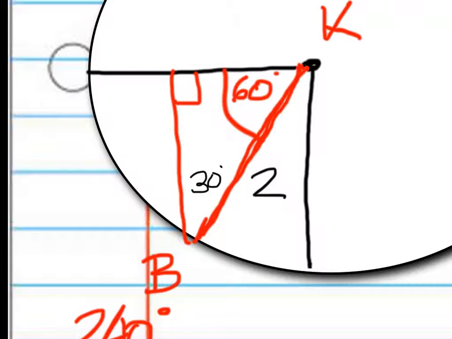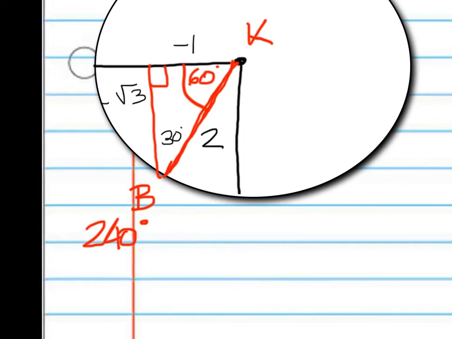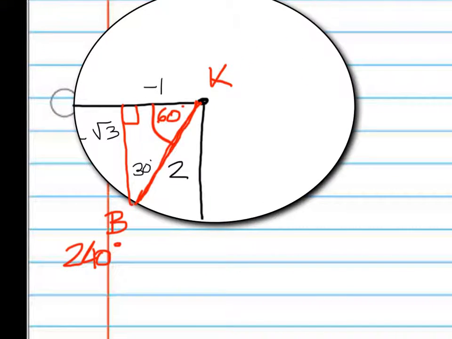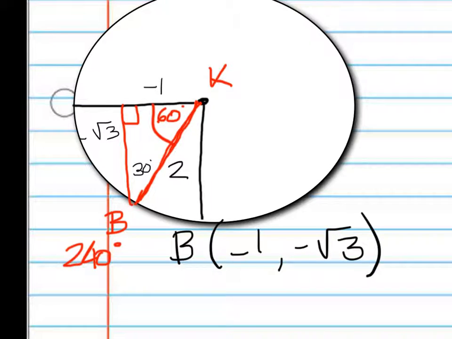The short leg would be half of that, which is 1, but it is negative since you're in that third quadrant. And for the long leg, you would do square root of 3 times the short leg. It is negative because you're in the third quadrant, going down. So the coordinates of B would be negative 1, negative square root of 3.